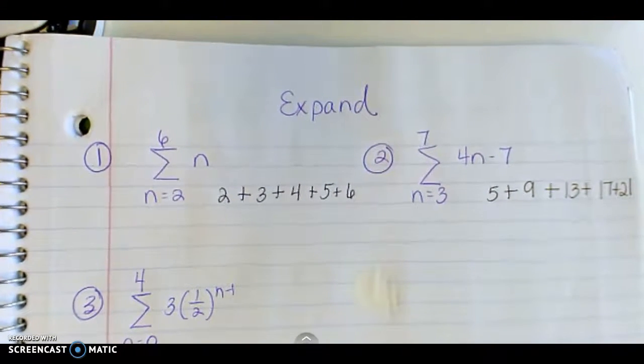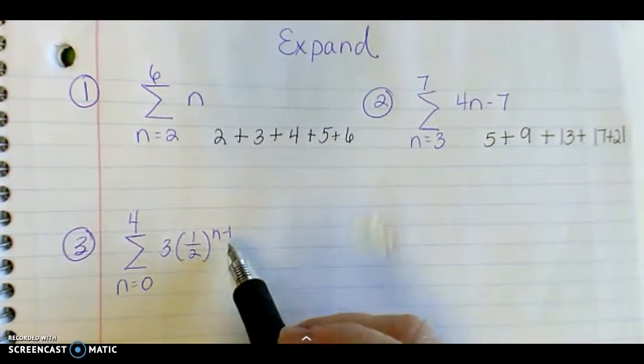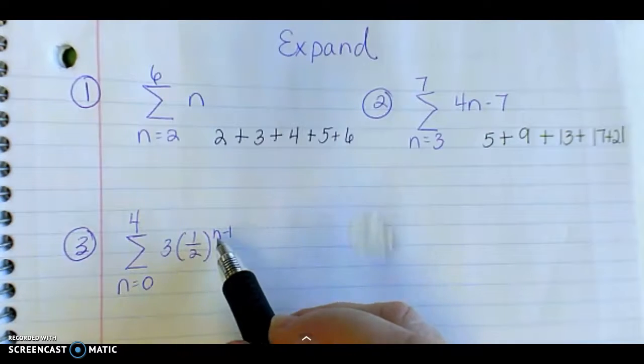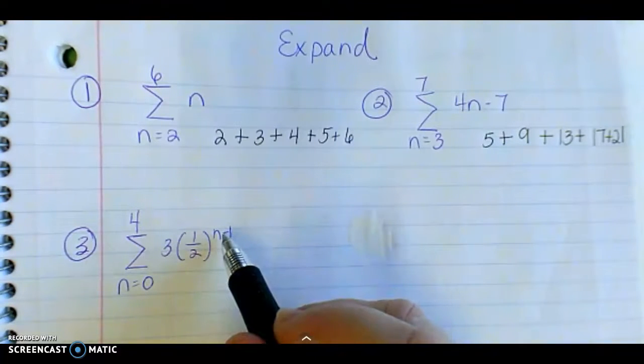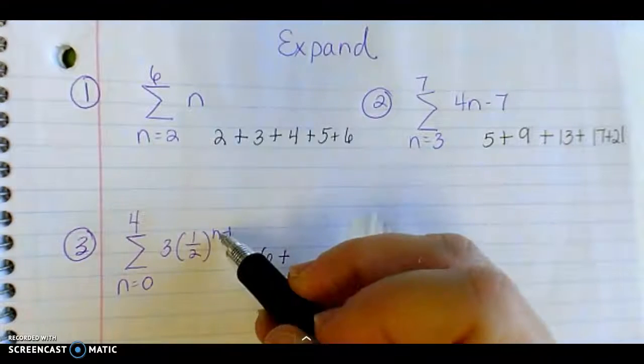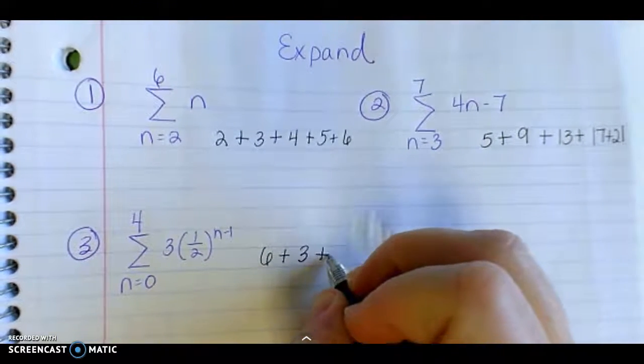Alright, number 3. Notice it's a geometric series. This one starts at 0, so you'll plug in 0. When I do 1/2 to the negative 1, well, that means 2, so our first one is 6. Then I plug in 1, which that's 0, so my next one is 3.